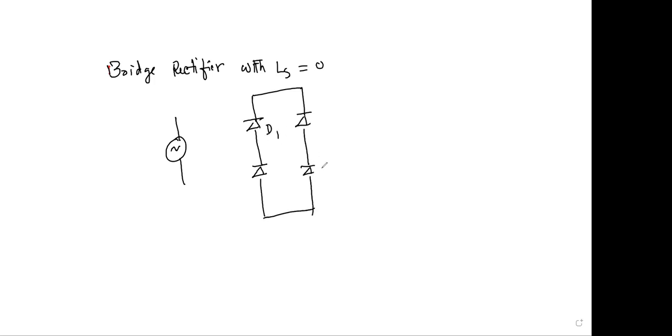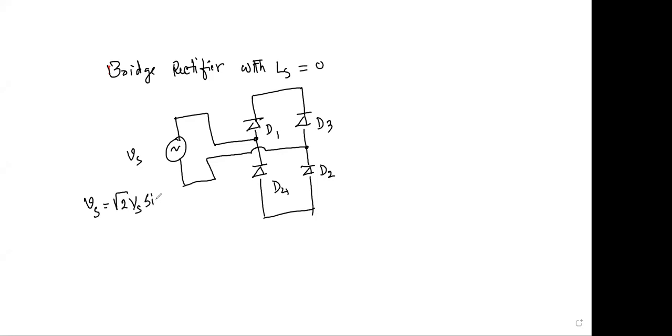This is your D1, D2, D3, and D4. This will be VS, which equals VS sine omega t.